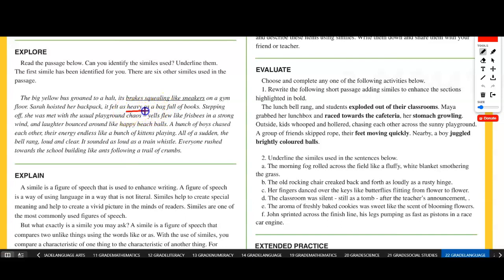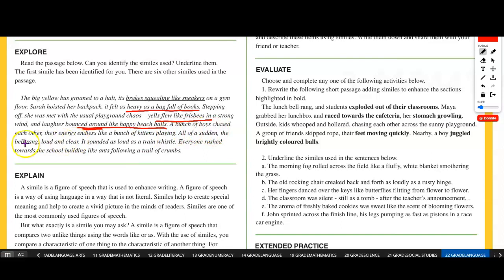Okay, so this could be another one here. Stepping off, she was met with the usual playground chaos. Yells flew like frisbees. This is another one here. In a strong wind, and laughter bounced around like happy beach balls.